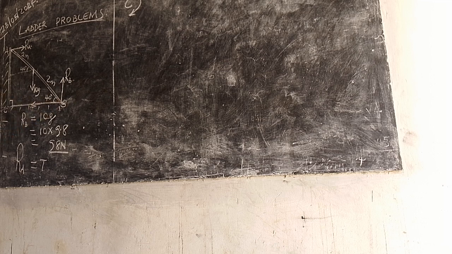So for this distance, it's going to become 4 sine 40, because this is the hypotenuse and this is the opposite. Opposite and hypotenuse, sine. Are we together? That's where these things come from. You get me?